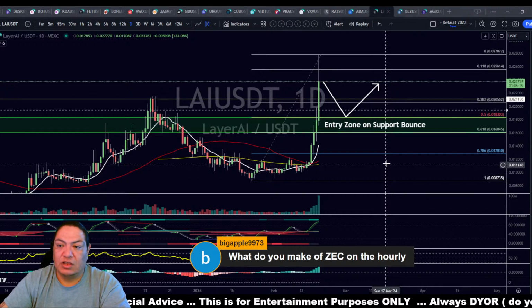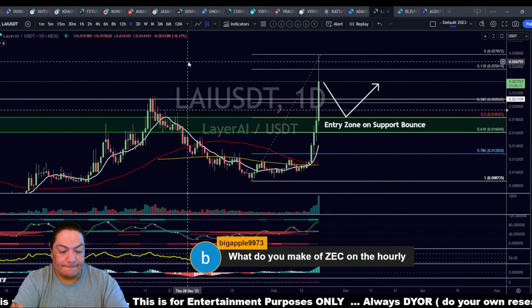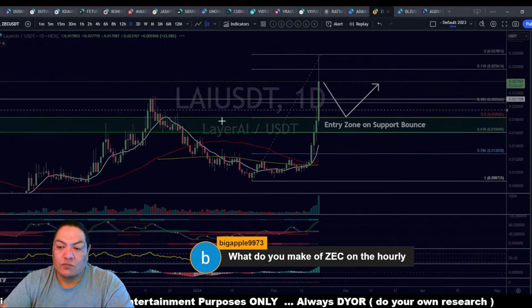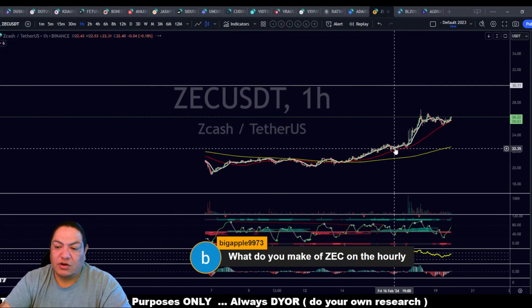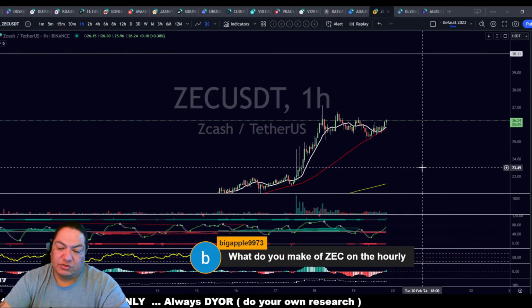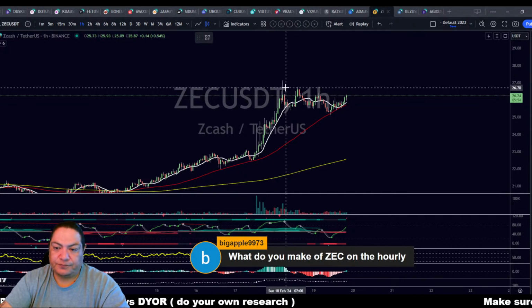All right, moving on. Let us check out ZEC. What we're doing is looking for an entry. Based off of the 1 hour, this one's looking pretty good for an entry. And it's just a trend line.